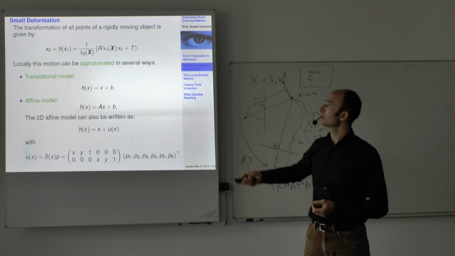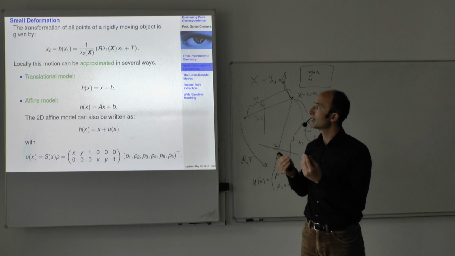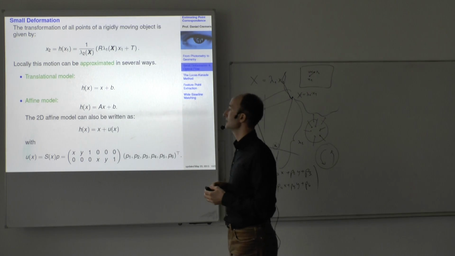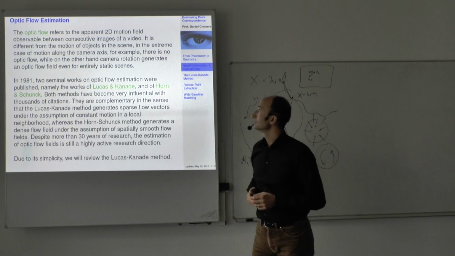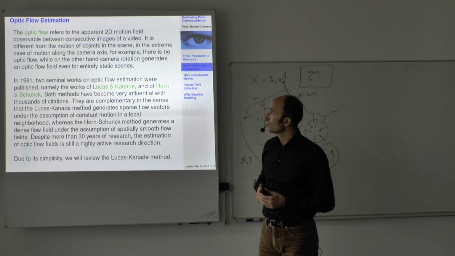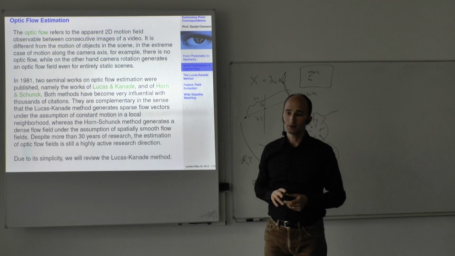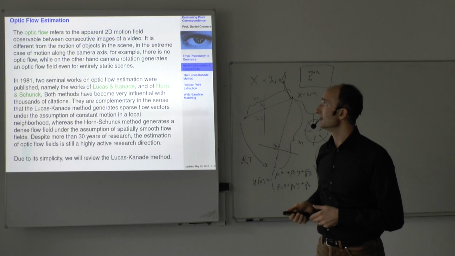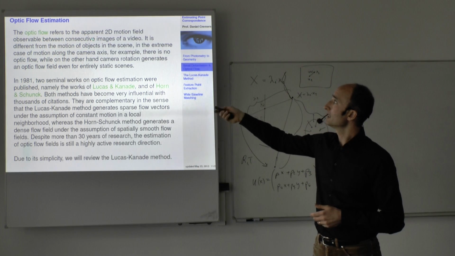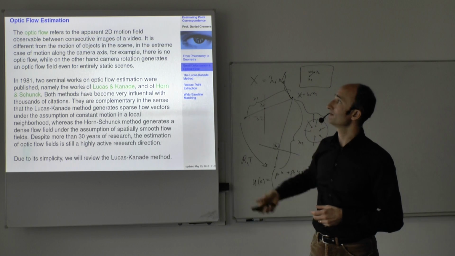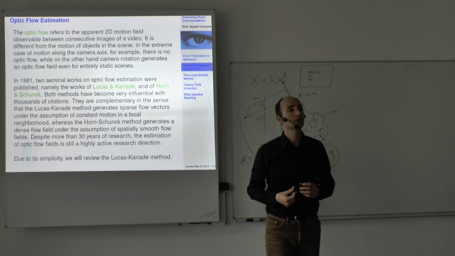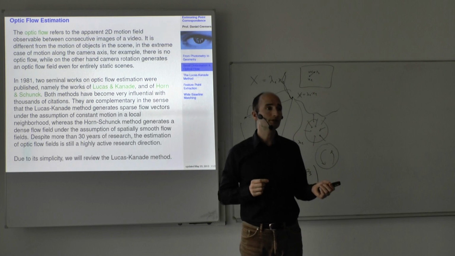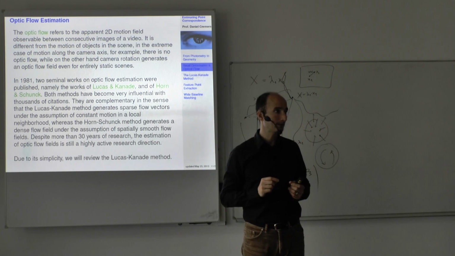So what we have here is we just use various parametric models of motion. Why we do that, we'll see in a second. And this is used in the optical flow estimation scenario. So the aim of optical flow is to estimate motion fields, and often in the literature you see the terms optical flow field and motion field used interchangeably.